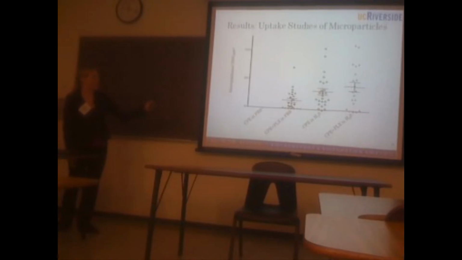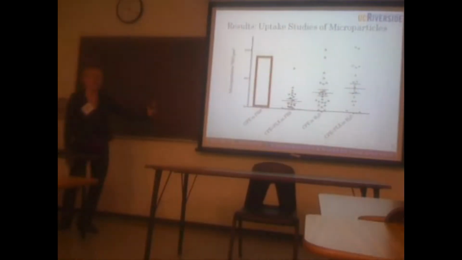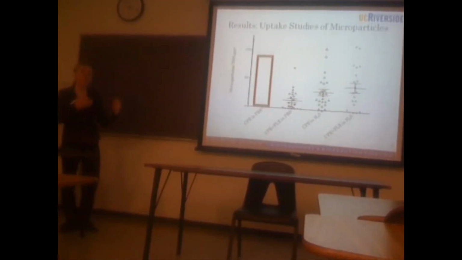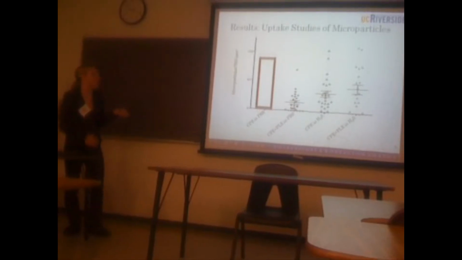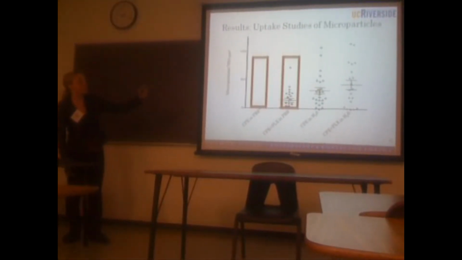So these are our results. On the left-hand side, which is the CPE just in PBS, you have no uptake. But when you add elastomer, which we found to have some dependency on our zeta potential in PBS, you get a little increase in uptake.